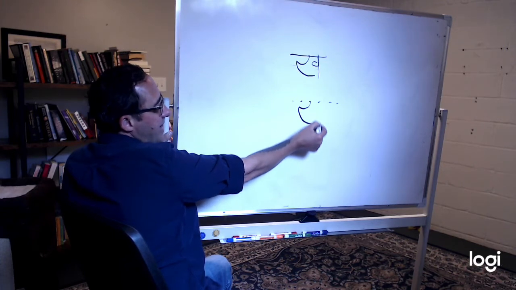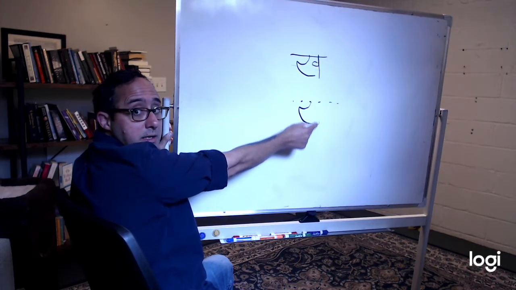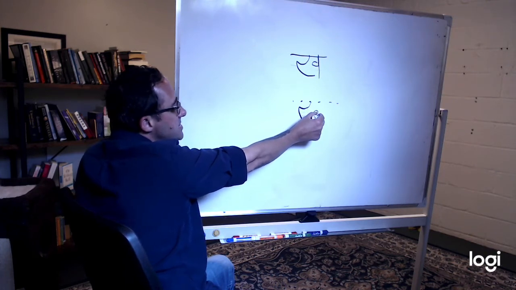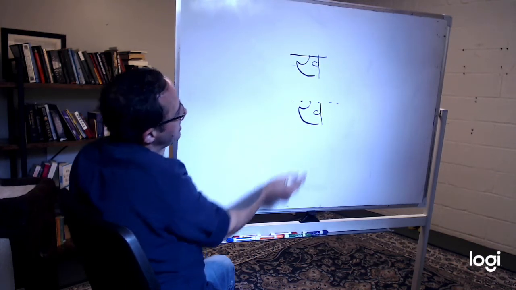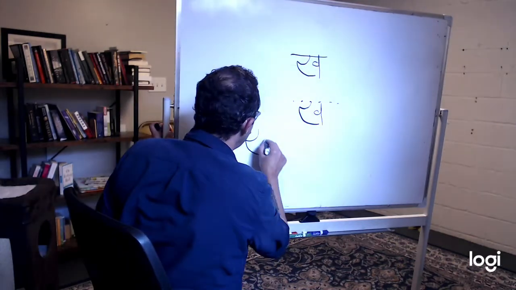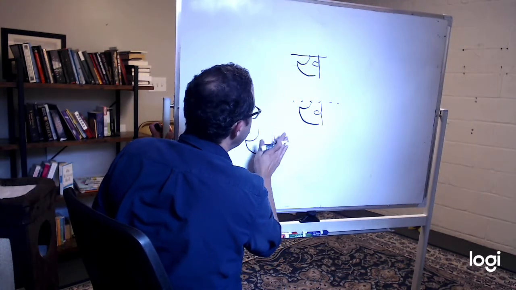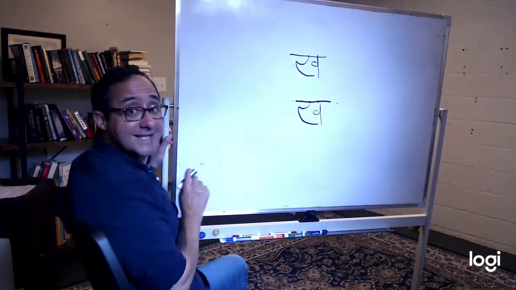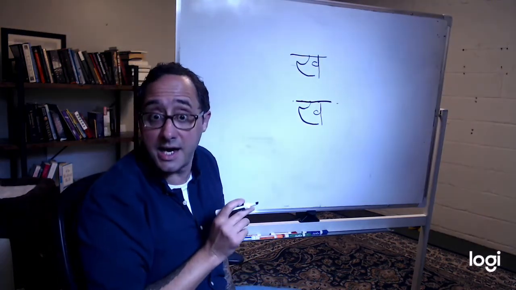Now right at that line, right above it, in the middle, you want to start this circle, go up and down. Is that how I make it? Yeah, yeah. That's it, and complete the line. That's ka, ka.